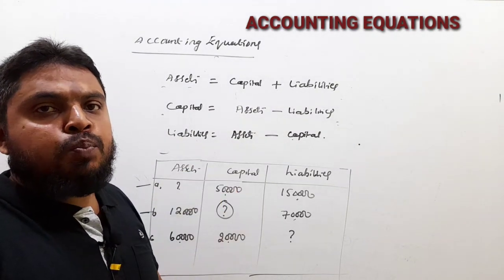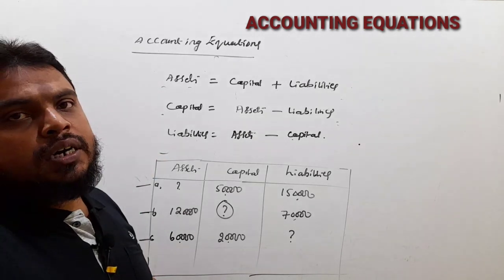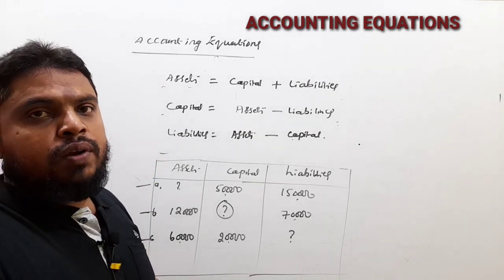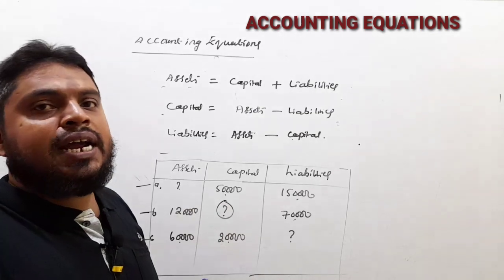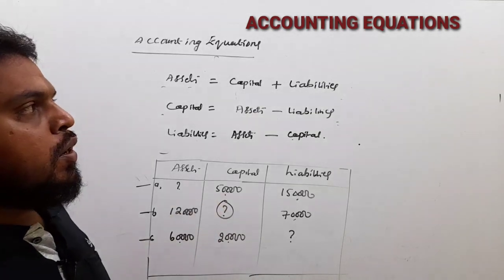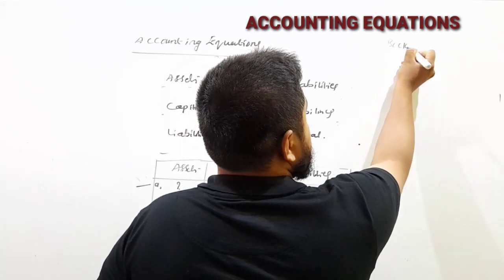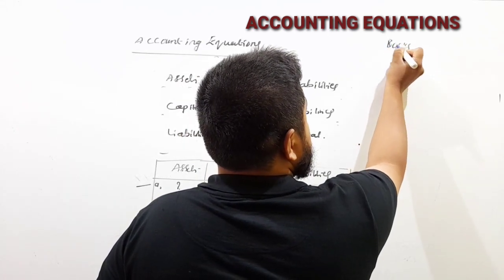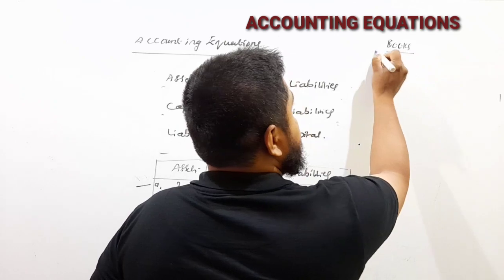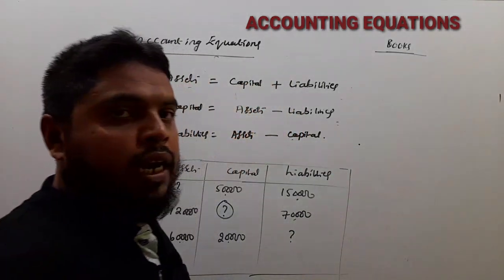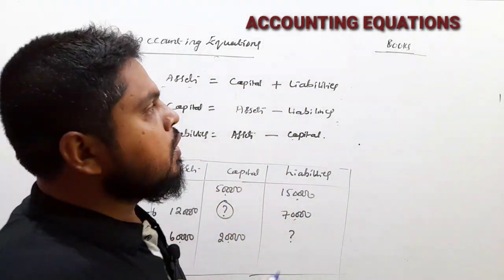Here we will record both the aspects of transactions. So we will record both a debit and a credit. Books of accounts are maintained under two systems.